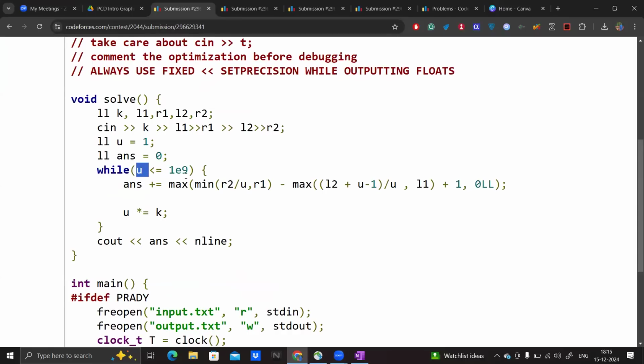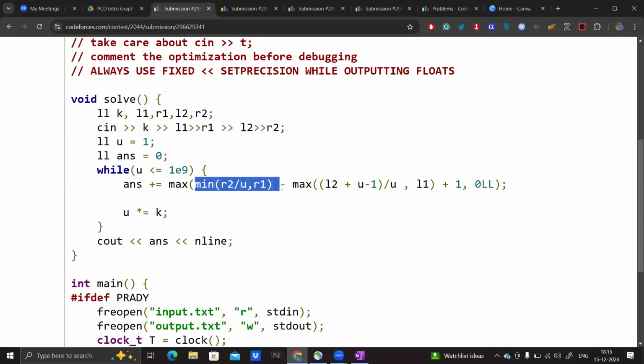Then while u is less than or equal to 10^9, I am just adding the min of R2 by u comma R1 minus max of L2 plus u minus 1 by u. This comes from y and this is from x. I take the max of it, and this one comes from y and this is from x. I take the min of it.